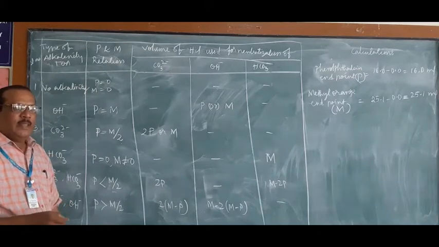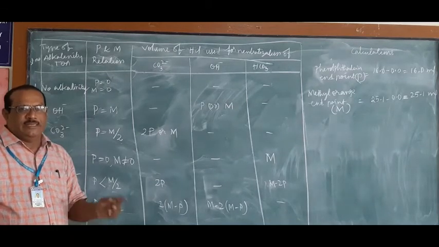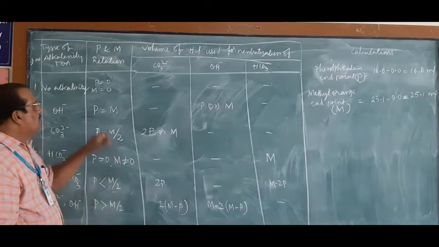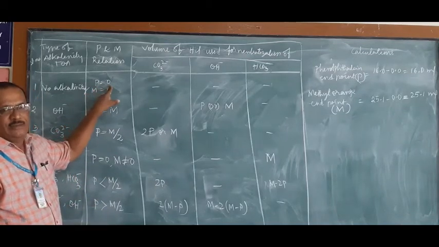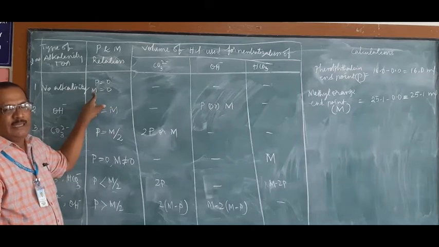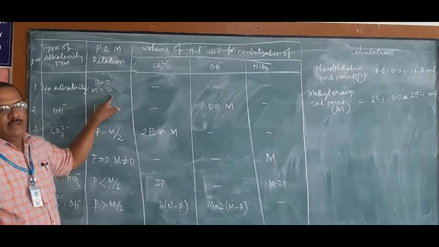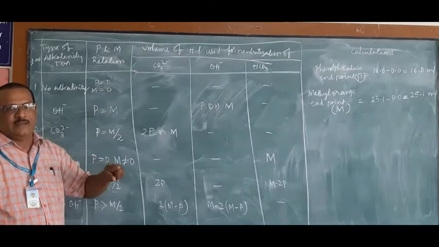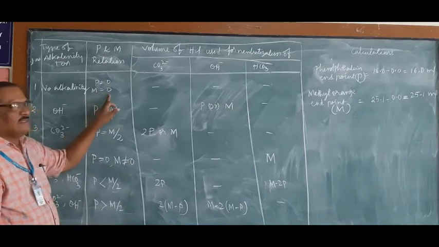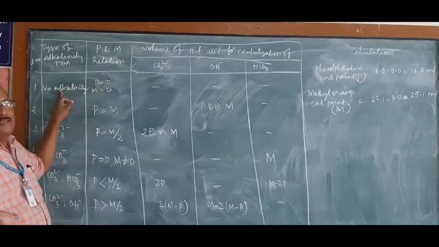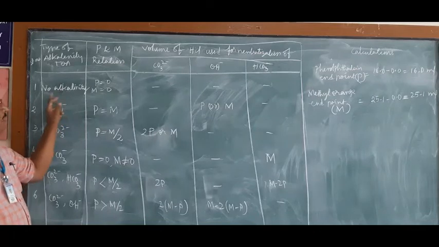So if even at the beginning phenolphthalein does not exhibit any color, that can be considered as P equal to 0. And in case of methyl orange, if at the beginning pink color is observed instead of yellow, that is considered as 0 and that water sample is not alkaline.